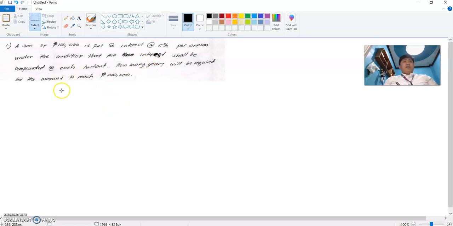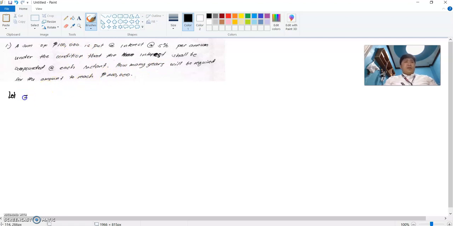So, in differential equation, let's put here, this is very important. We have here the amount of money, right? So, we are talking about the amount of money.